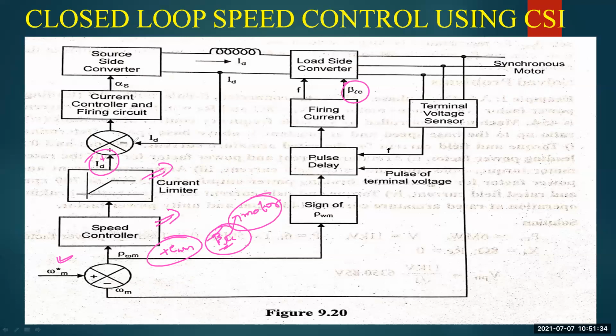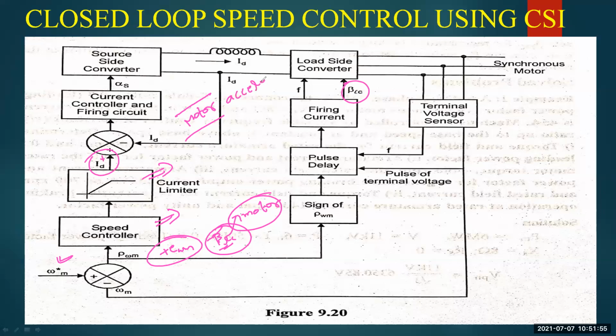Based on that, the firing circuit controls the firing angle accordingly. By changing the firing angle, the motor accelerates fast. Understood?